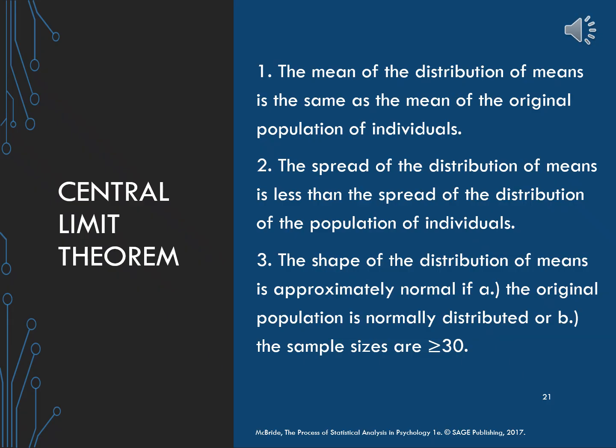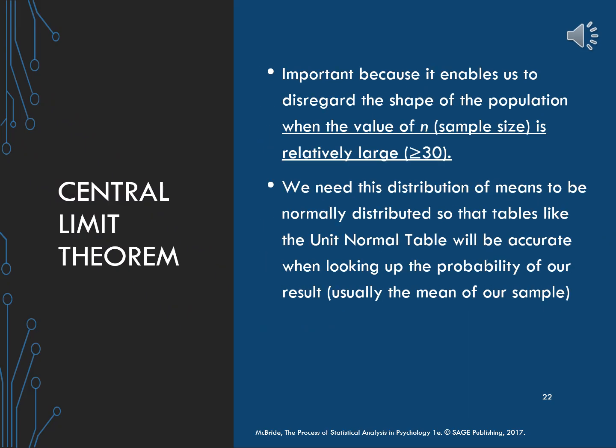We can assume that normality has not been violated, and we can use things like unit normal tables to figure out percentages and probabilities, which we'll talk about in a second. And like I just said, it doesn't matter what the shape of the original population distribution was, as long as we can get a sample size above 30, we're good for these next few steps in hypothesis testing.